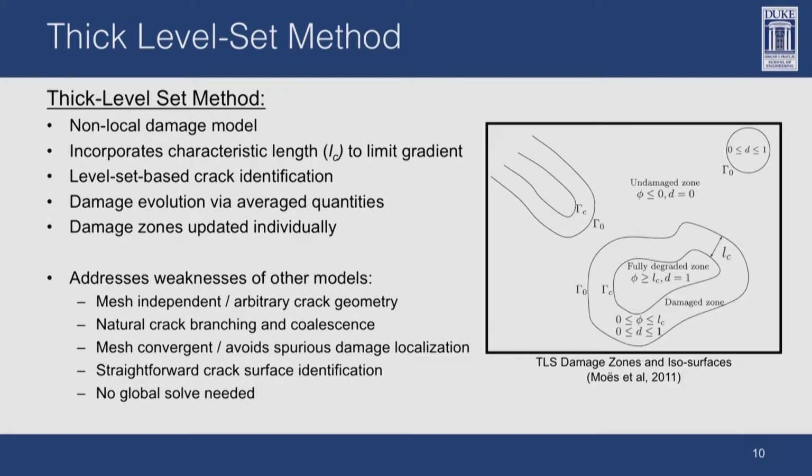And using this damage evolution by averaged quantities within this damaged band of a certain thickness addresses some of the issues of other numerical models. And using the level set basis for this damage indicator allows us to have this technique be mesh independent and allow for arbitrary crack geometries.